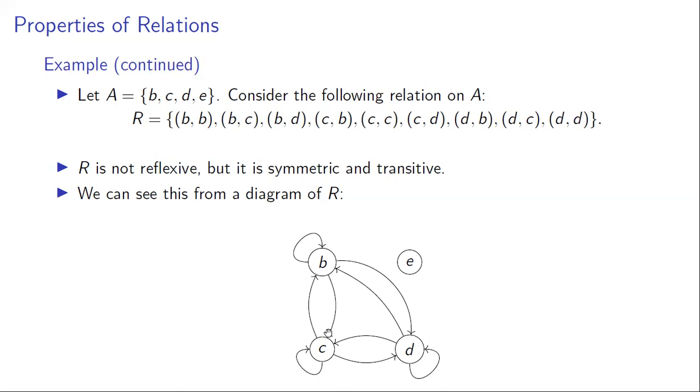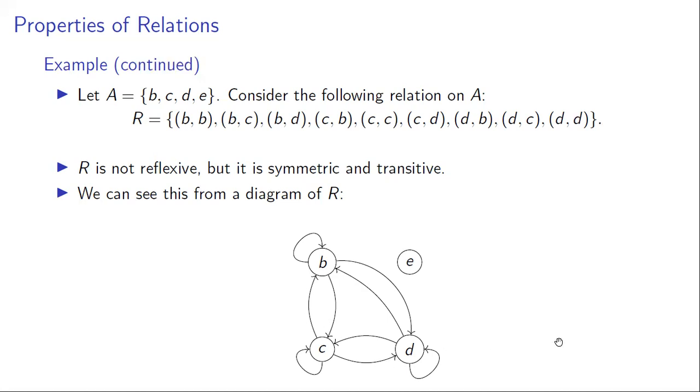Take any 2 nodes in this diagram: if there is an arrow going from the first to the second, then there is also one going back from the second to the first. Right now, there are no arrows going to E, so we don't have to worry about arrows going from E to anyone else.